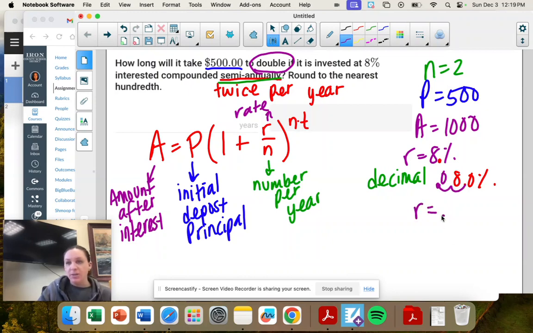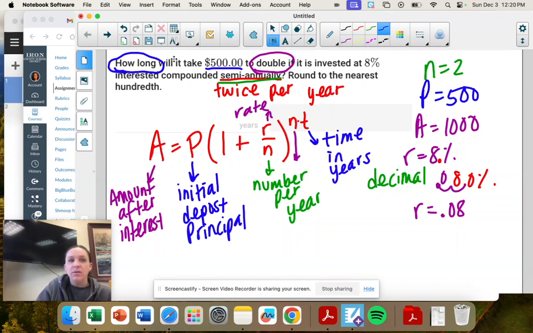So r is actually 0.08 when we put it in our formula. n is the same number of times per year. And last one is t for time in years. And that's what we're actually trying to find. How long? We're trying to find time.